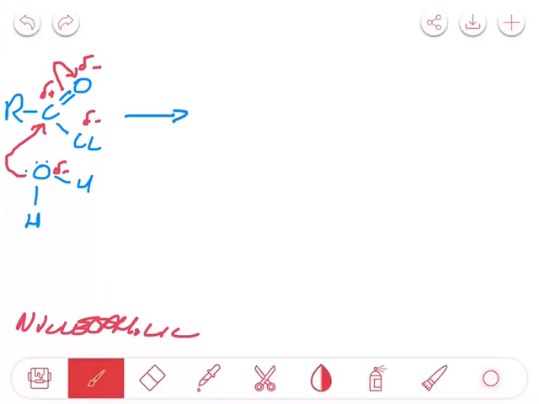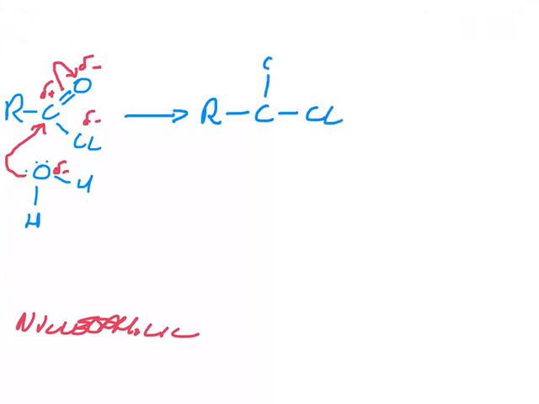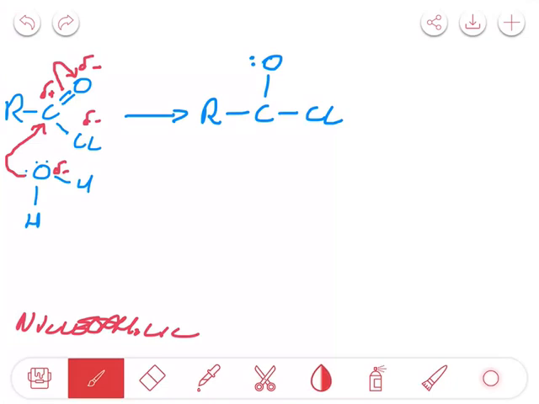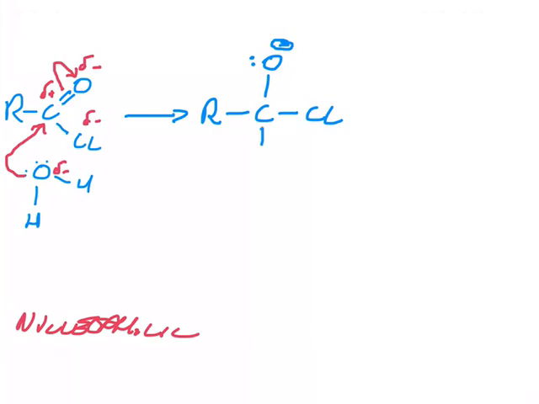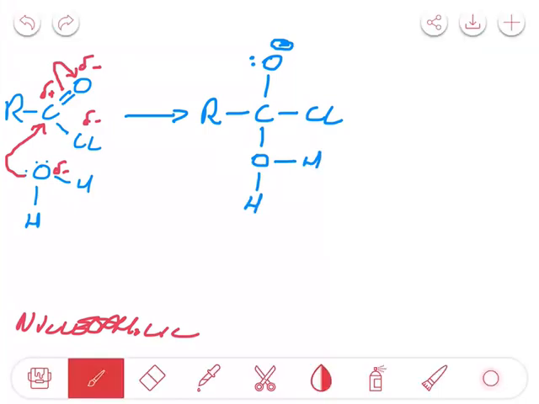What we now need to do is have a look at what we've got. So I've got my R group still. I've got my carbon here. My chlorine hasn't changed. Up here, I've got an oxygen. I'm going to put those lone pairs on there. Now remember, oxygen has got its own electron back, plus an extra one that the carbon put in in the first place, which makes this oxygen negatively charged. What we've put on here is water, so let's put the water on there.